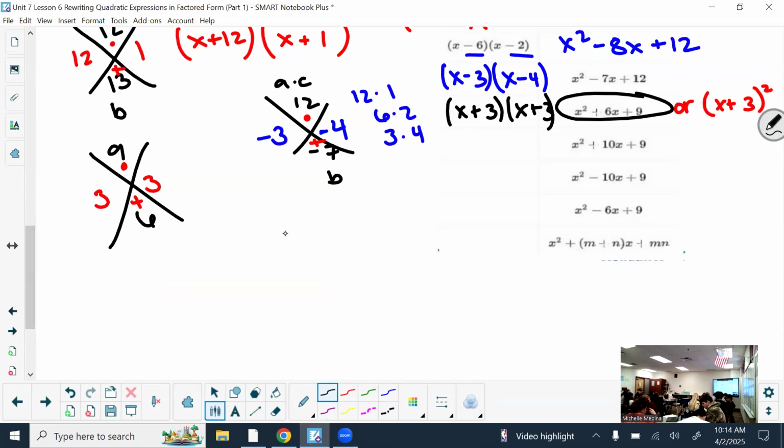All right, Jake, the next one. You have it in factored form? Okay, well then let's set it up. If we're setting it up like this, what would A times C be? What's the number in front of the x squared if it's not written?